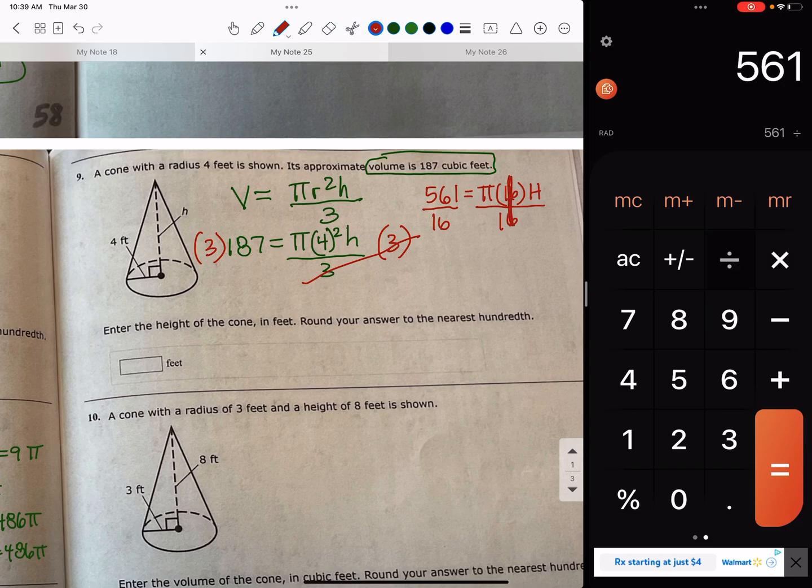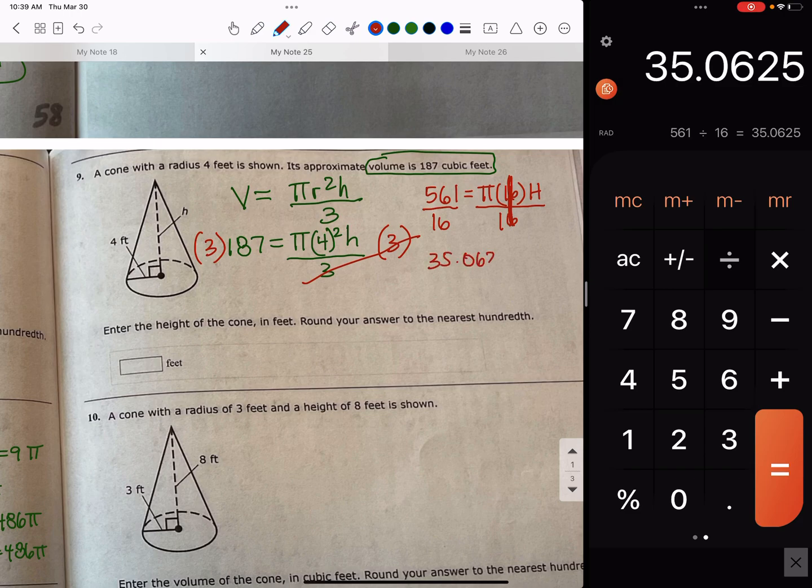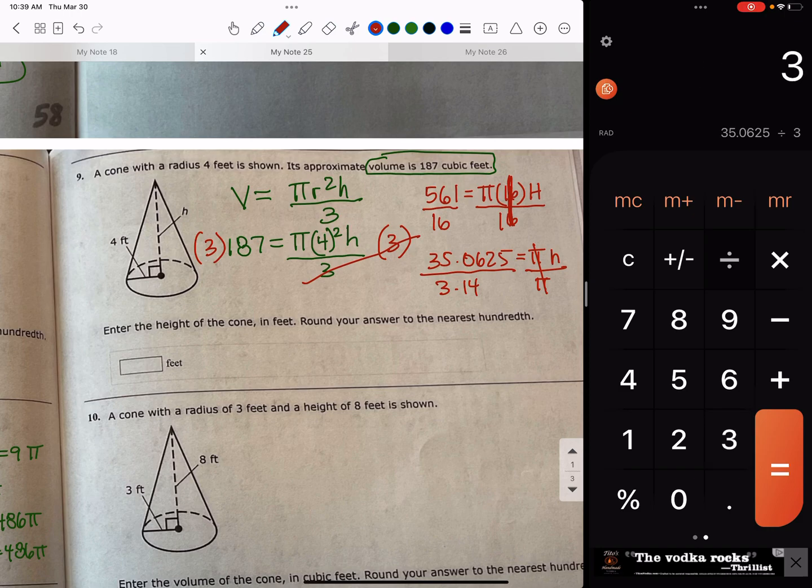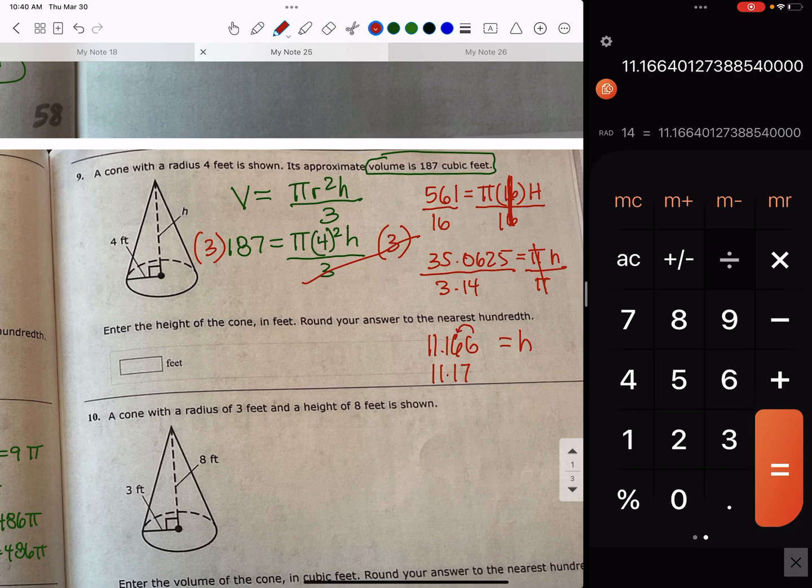Okay, 561 divided by 16 equals 35.0625 equals pi times height. All right, let's divide by pi. Let's divide by 3.14 to get rid of it. Divided by 3.14 equals height equals about 11.16, but we're rounding to the hundredth, so this one rounds that one up to 7. 11.17 feet.